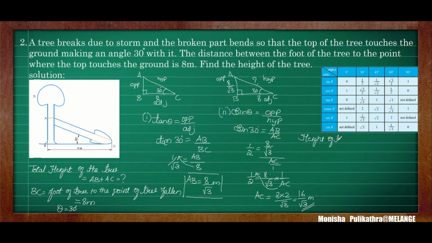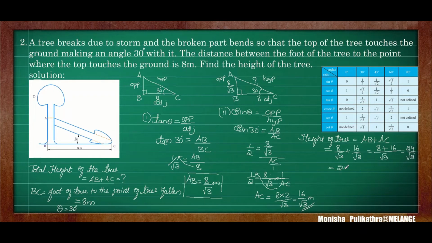So height of the tree is equal to AB plus AC, that is 8 by root 3 plus 16 by root 3. Since the denominator is the same, we retain the denominator and add the numerators. It will be 24 by root 3.